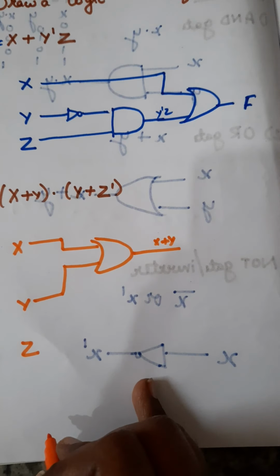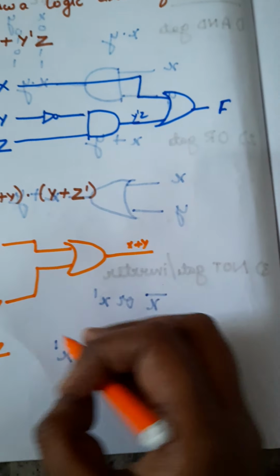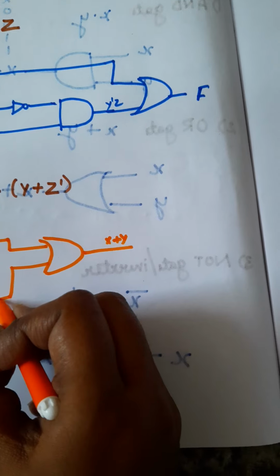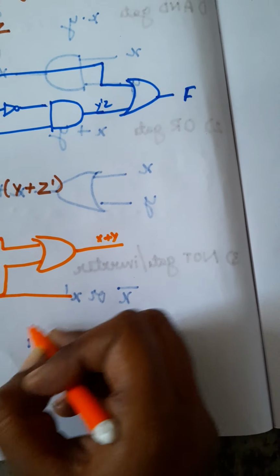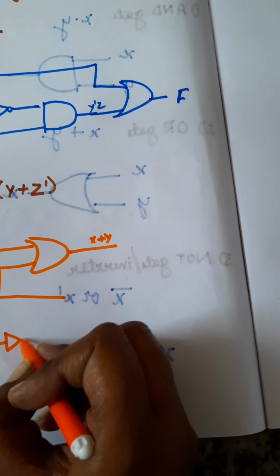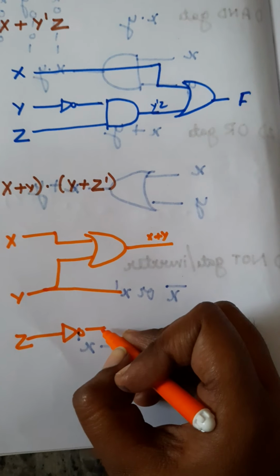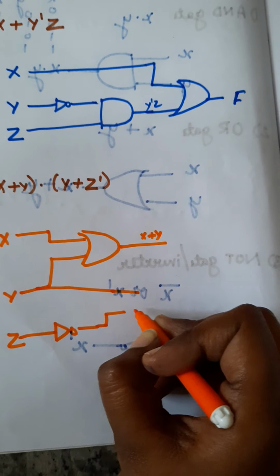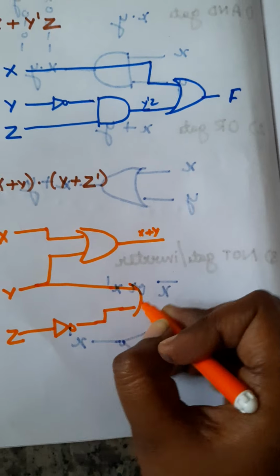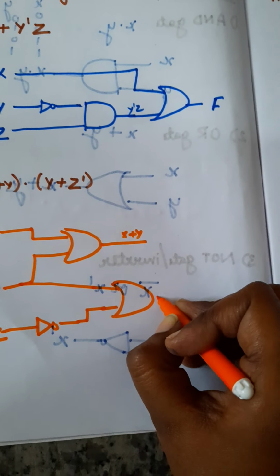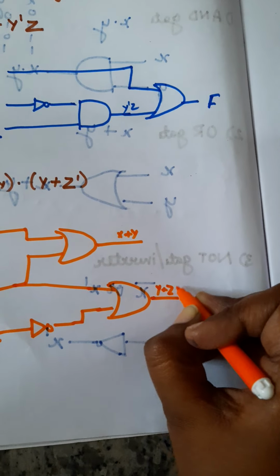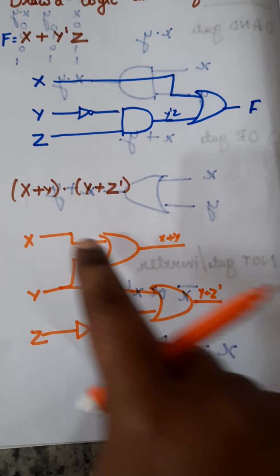Then the other is y plus z dash. So we'll take y from here, we'll take z dash from here, and join both of them with the OR gate so that we get y plus z dash. Now we have to multiply them.